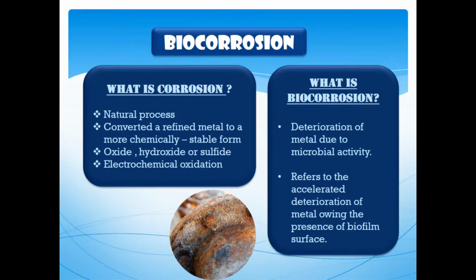Okay, what is biocorrosion? Biocorrosion is a deterioration of metal due to microbial activities, and it refers to the accelerated deterioration of metal owing to the presence of a biofilm on the surface.